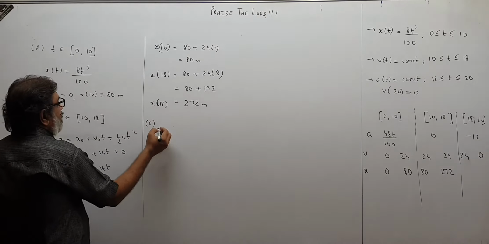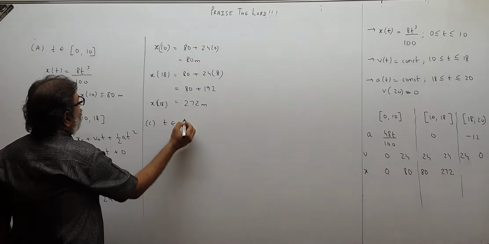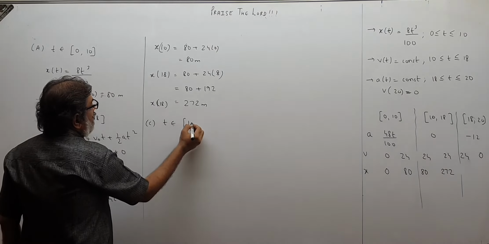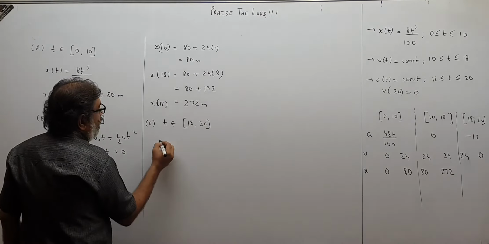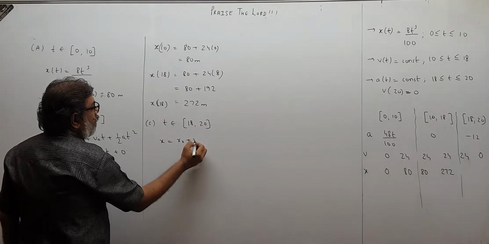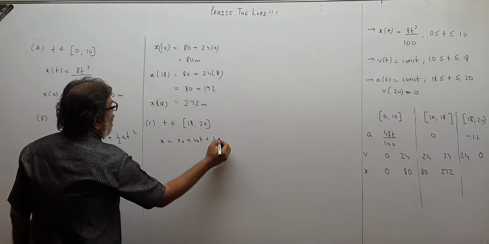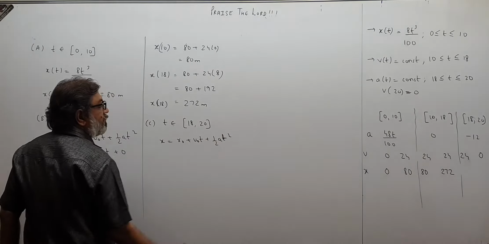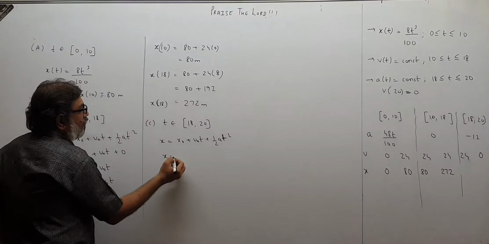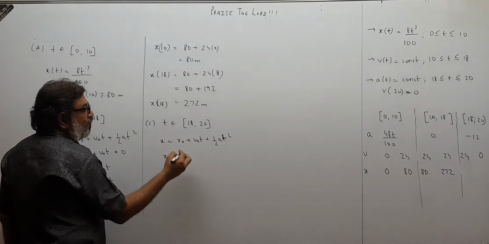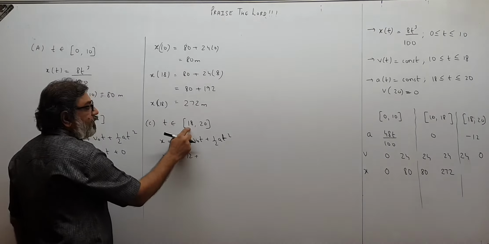Then for the C part, for t belonging to 18 to 20, again position is x0 plus v0 t plus half a t square. So x is equal to the initial position at 18 seconds, that is 272, because I am beginning from here.